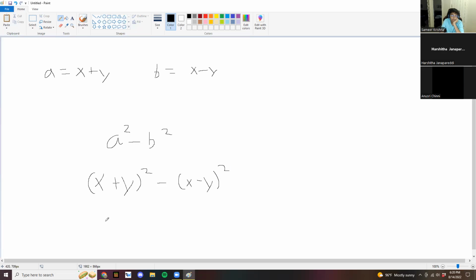So we simplify this out, we get X squared plus XY plus Y squared minus X squared minus XY plus Y squared. Understand that?